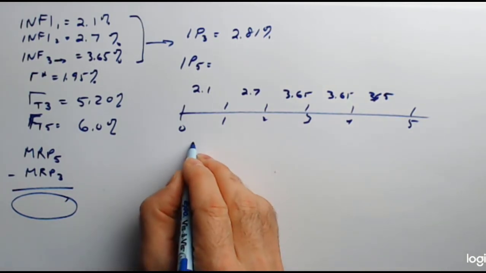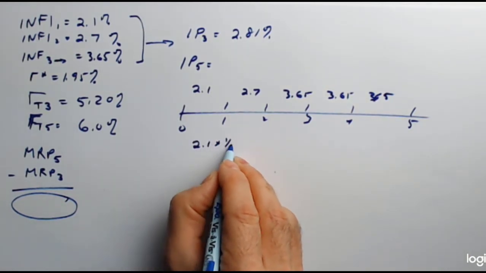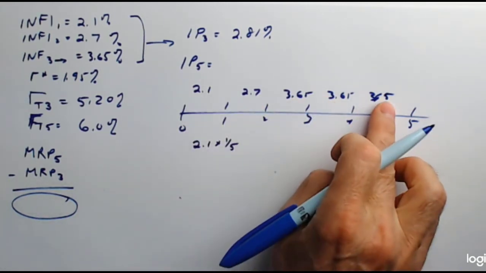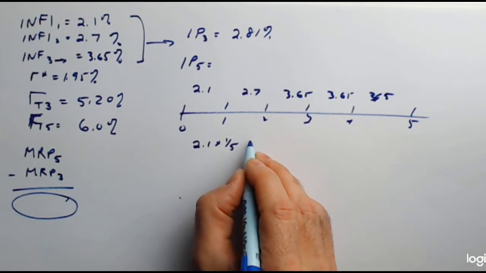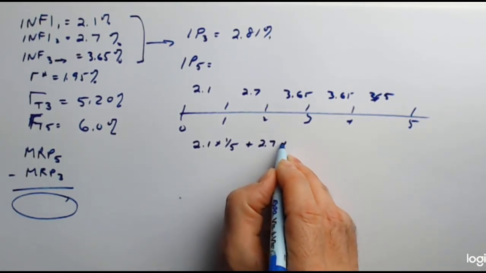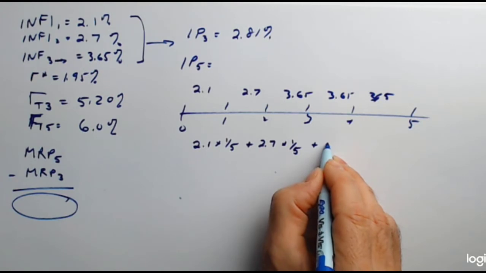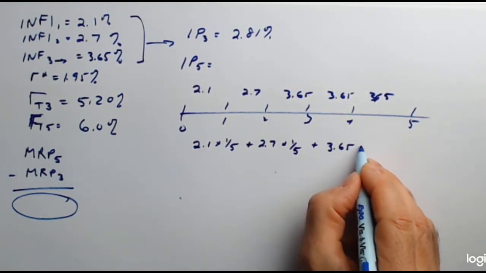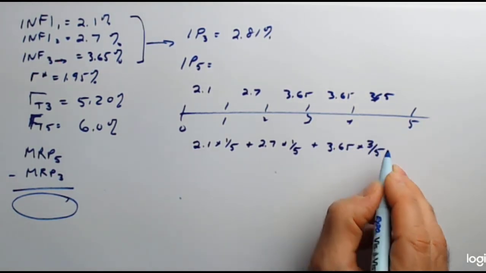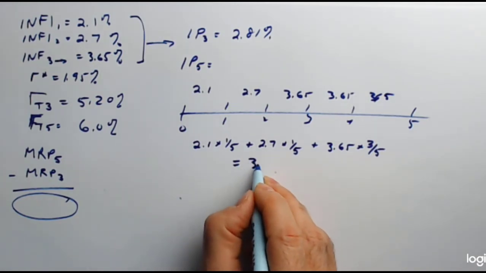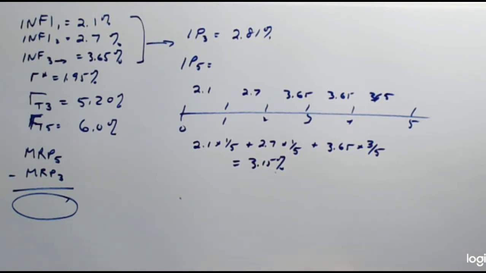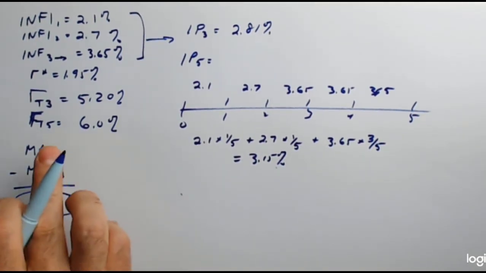So you could do it as 2.1 times 1/5, because it's just a weighted average of these. It's an equal weighting, 1/5, one for each year, plus 2.7 times 1/5, plus 3.65 times 3/5. And when you do that calculation, you'll get 3.15%.